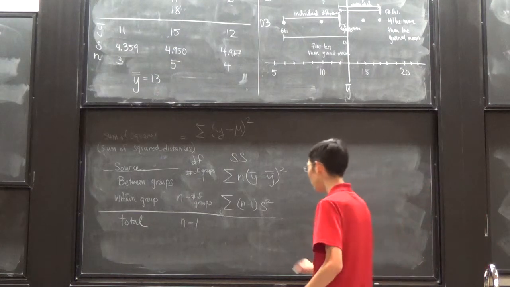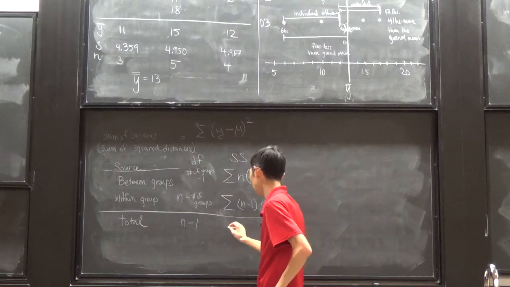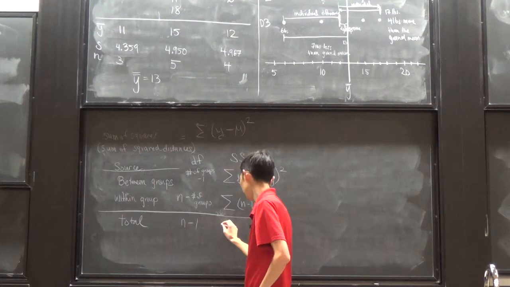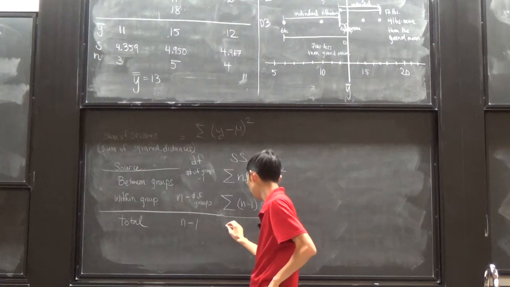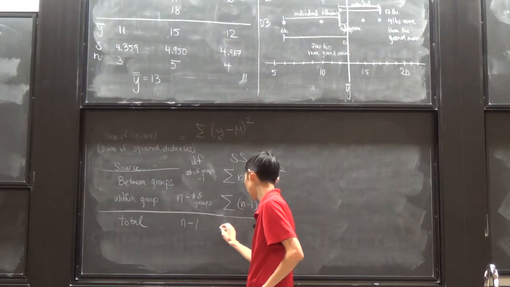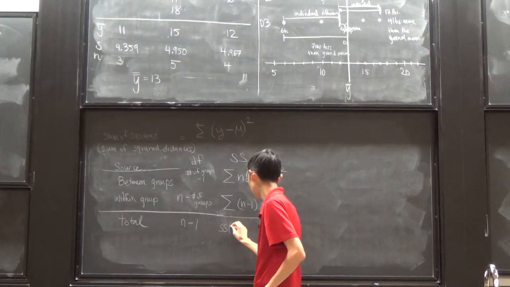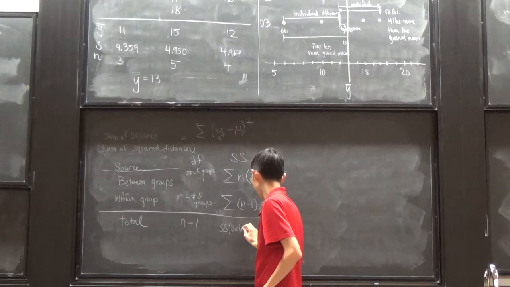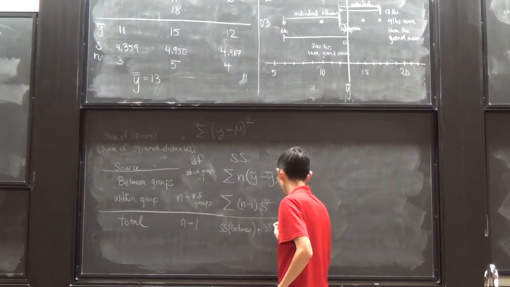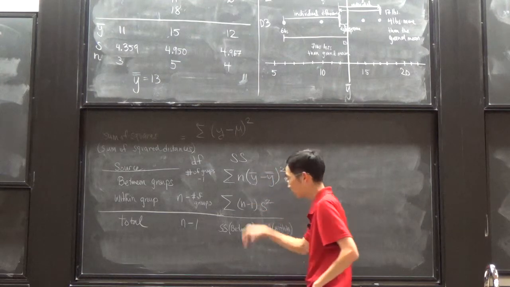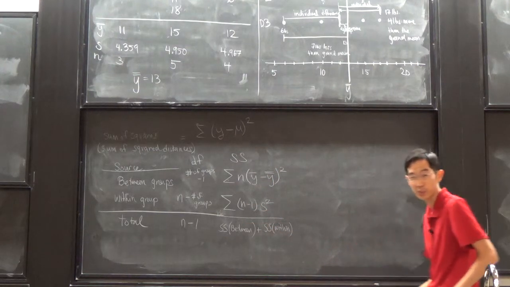And the sum of squares total, what I had before is still valid, but it can also be quickly found as sum of squares between plus the sum of squares within. So you can add those two numbers to get sum of squares total.